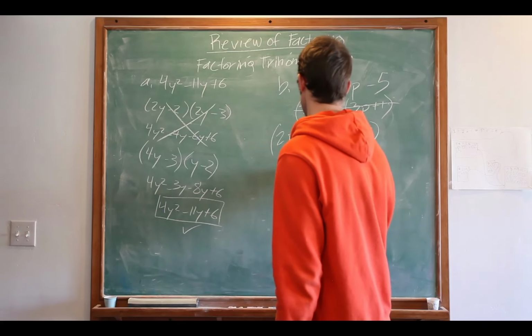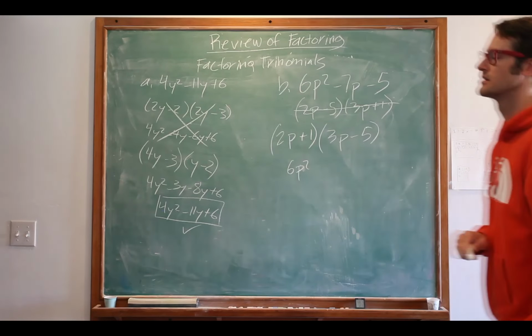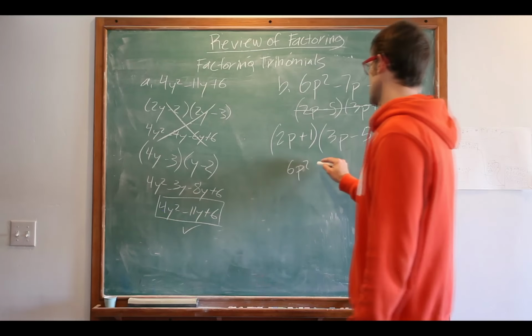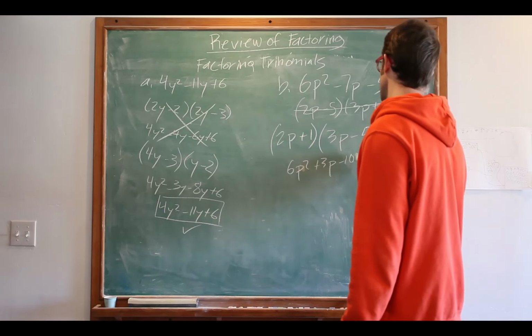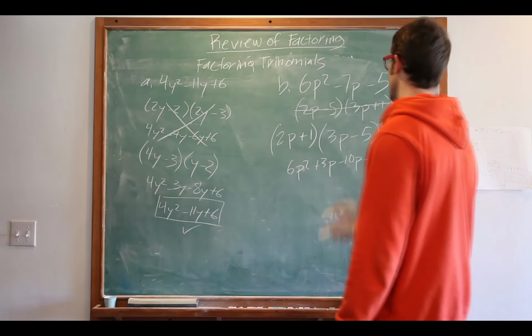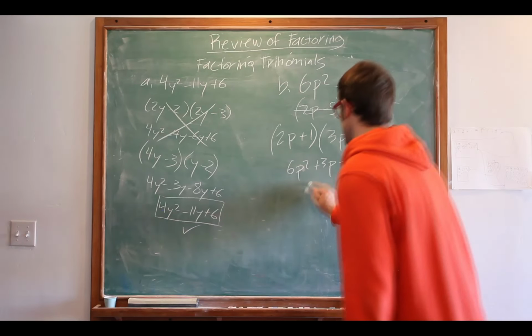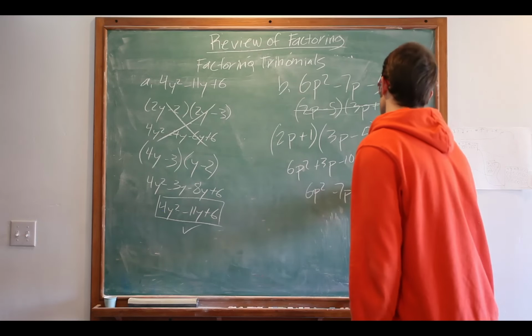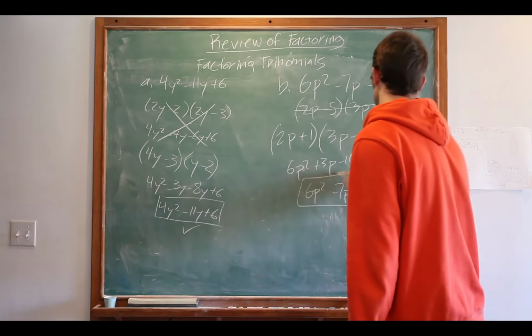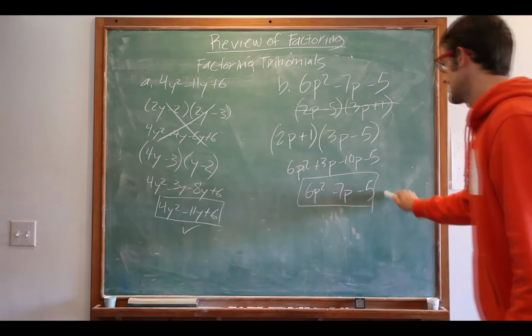That is 6p squared plus 3p minus 10p minus 5. And you can see that's going to work, because that is 6p squared minus 7p minus 5. So, check.